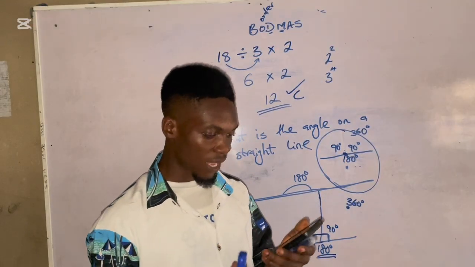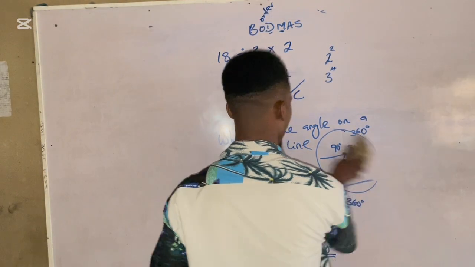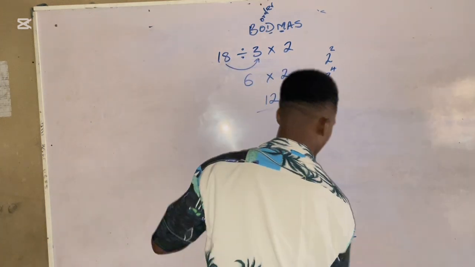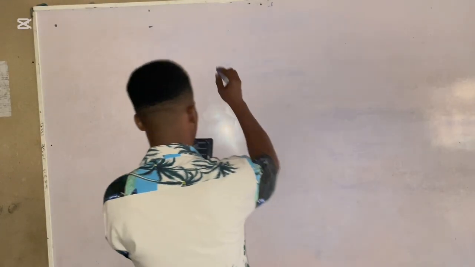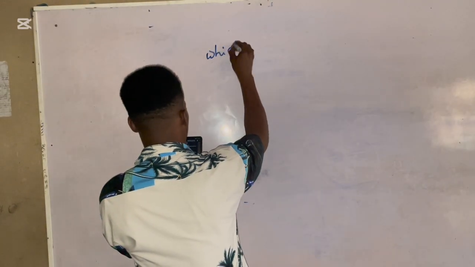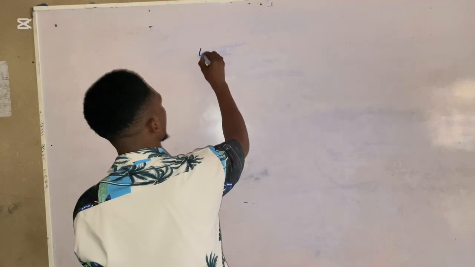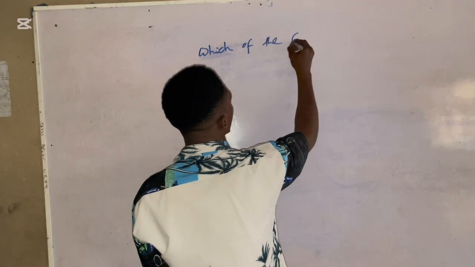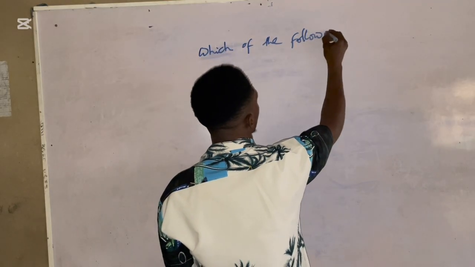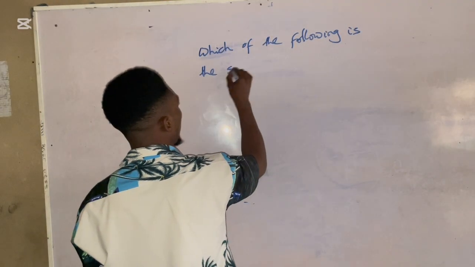Then the second to last question. This is another question that has an L. Second to last question says, which of the following is the smallest prime number?